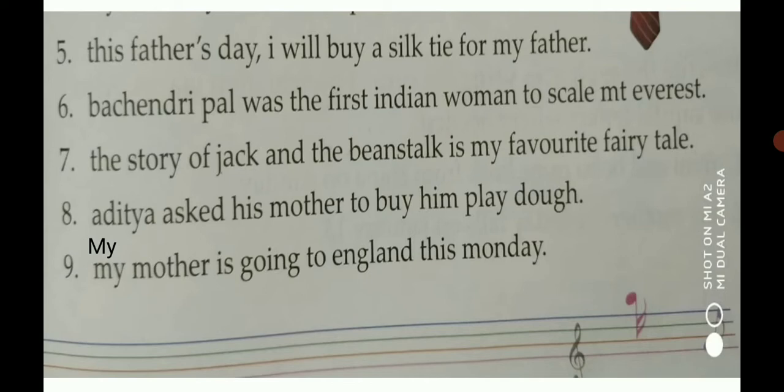So first of all, we will put a circle on it: This, Father's Day and I. Father's Day will be counted as one word. So we will capitalize This, Father's Day and I.